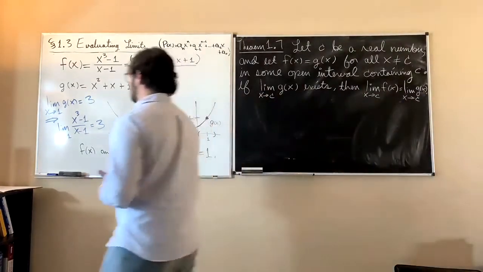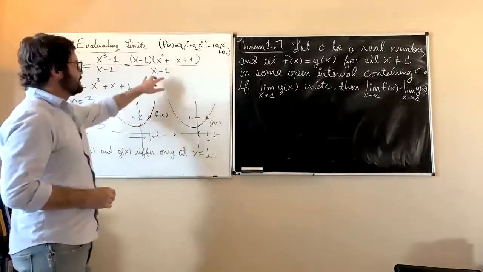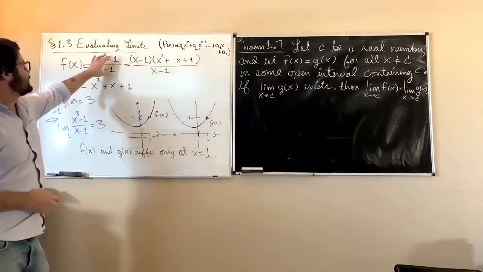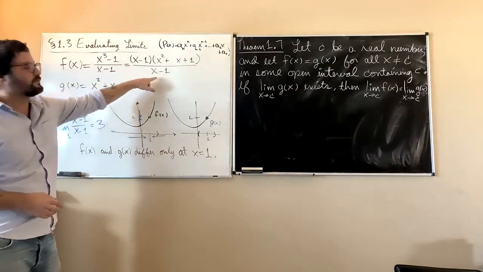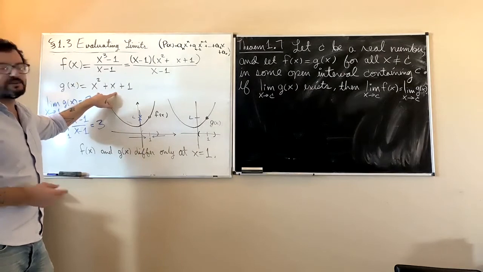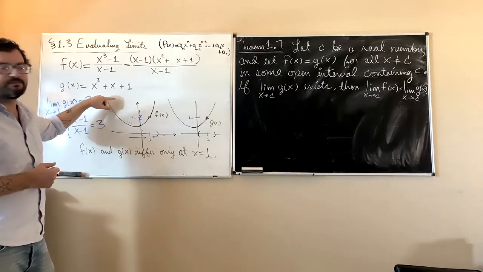In general, if you can remove a discontinuity and get a simple function, like the simple polynomial we got here, we can just plug in the limiting value.